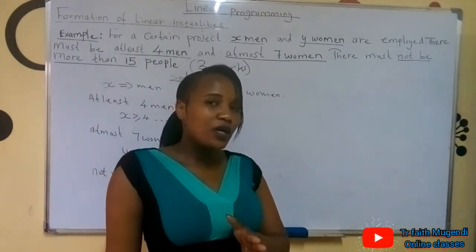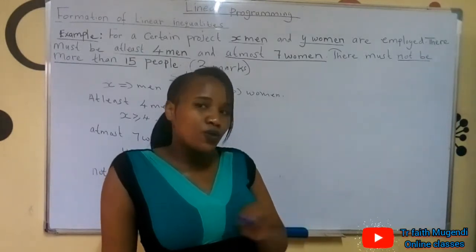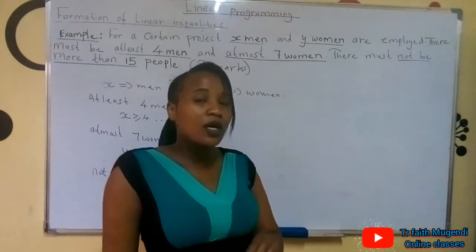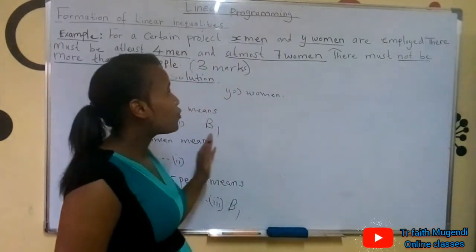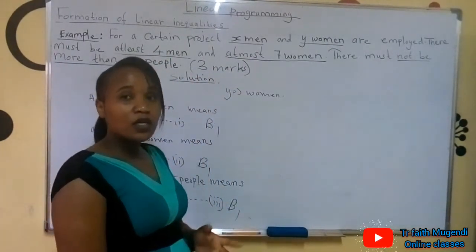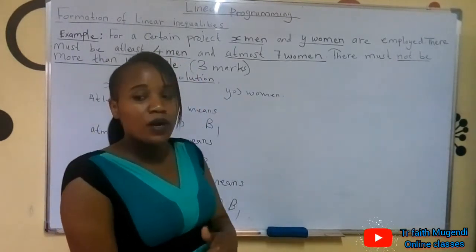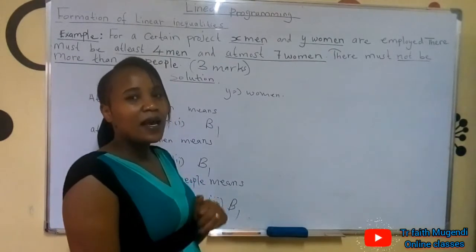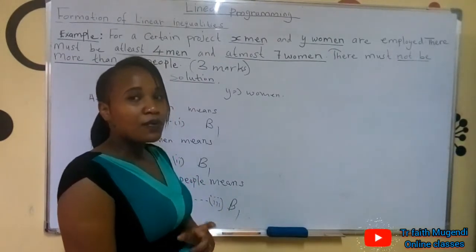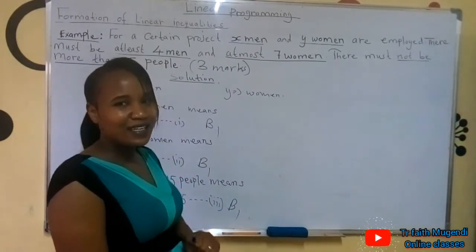And I want us to look at the way the examination council sets this kind of problem. So I want us to look at an example from a previous KCSE paper 2, probably number 19.